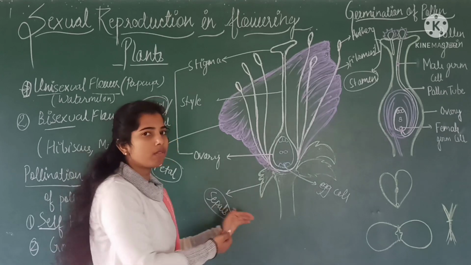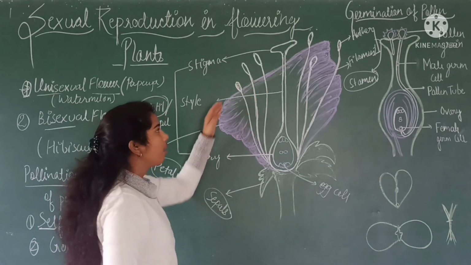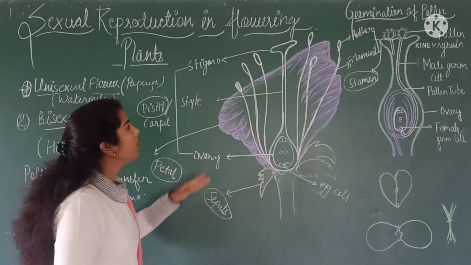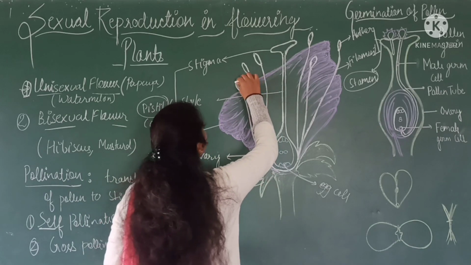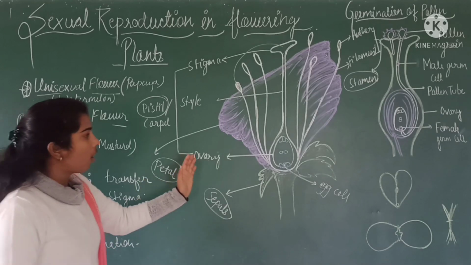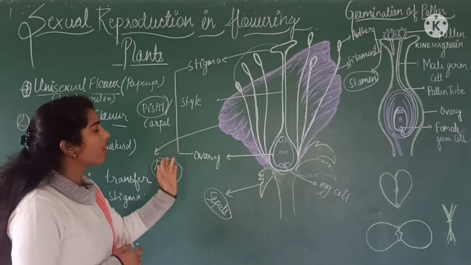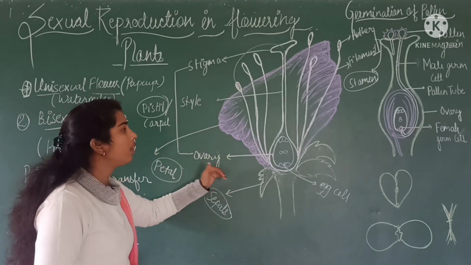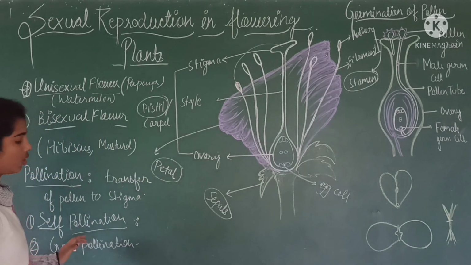Self-pollination is the process in which the male... we take an example of the hibiscus flower. The male part, anther, and inside the anther pollen is produced. When the pollen is transferred to the stigma in the same flower, when the male gamete pollen transfers from the anther to the stigma of the same flower, then that pollination is known as self-pollination.